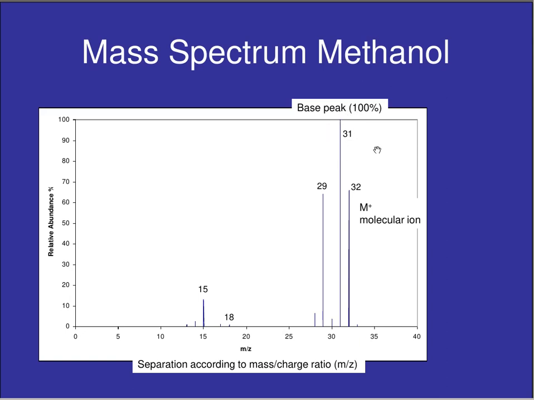So really, there are two peaks that I want you to look carefully for. One is the molecular ion, which will be the mass of the molecule that has not fragmented at all, and the base peak is the fragment that is most prevalent, that's most stable, that is observed in the mass spectrum.